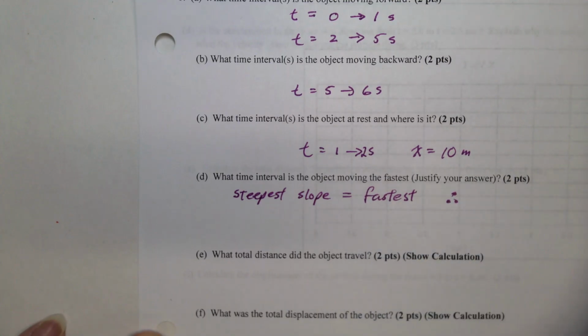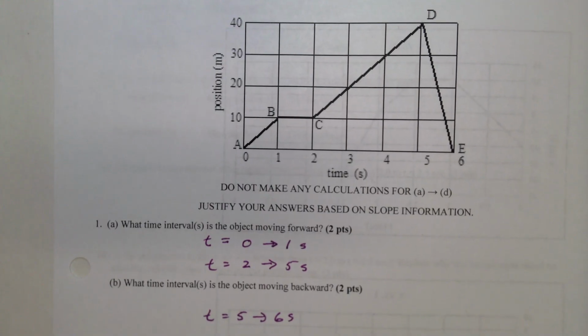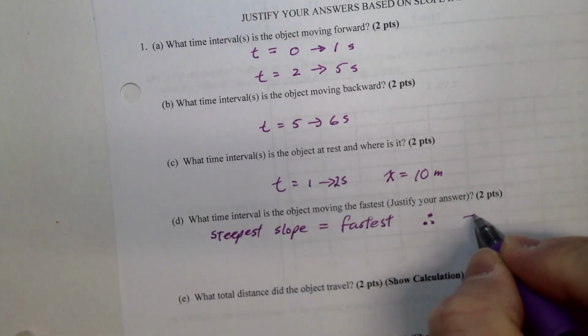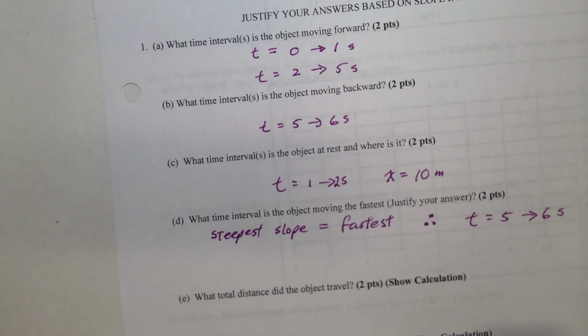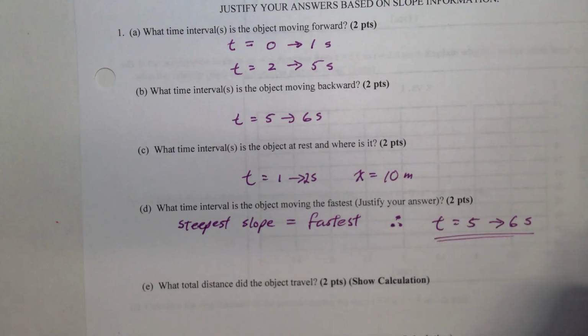Whether it's positive or negative doesn't matter, because they want to know just how fast it is going. So D to E is the steepest slope, because when t is equal to 5 to 6 seconds is the steepest slope, therefore that's when it's going the fastest. And it's going backwards.